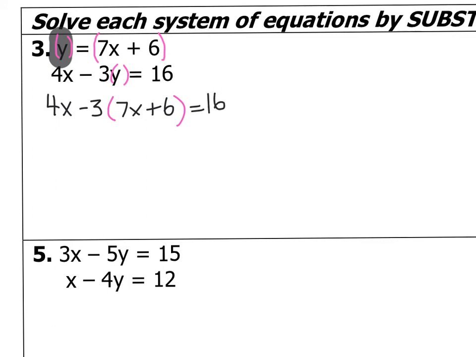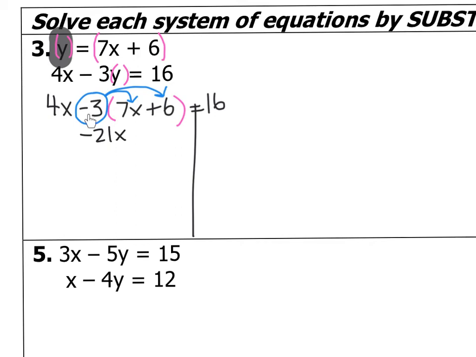Okay, so I've got this really long equation, and in substitution equations, it's really easy to figure out where to start because we always start with the distributive property. We've got a negative 3 here, and we've got to multiply that negative 3 times 7x and times 6. I'm going to do that first. I'm going to multiply negative 3 times positive 7x, which gives me negative 21x.